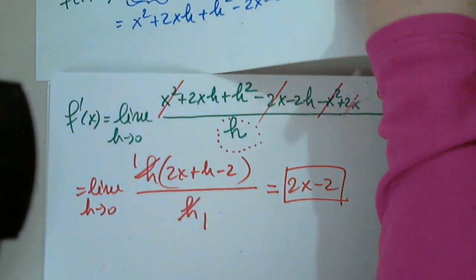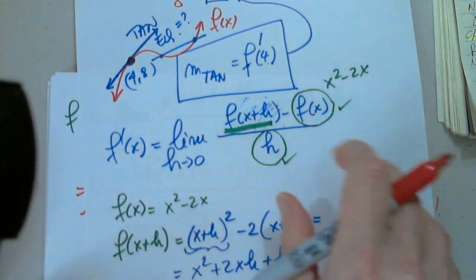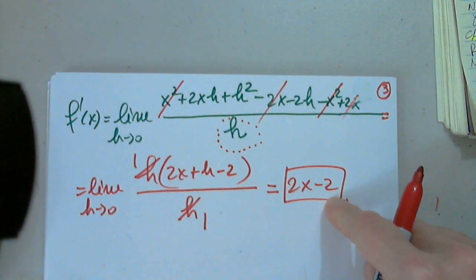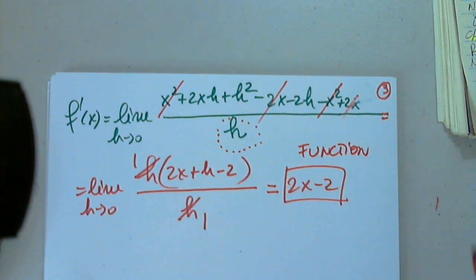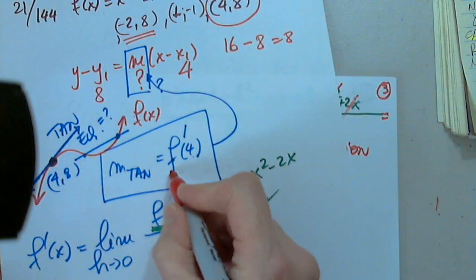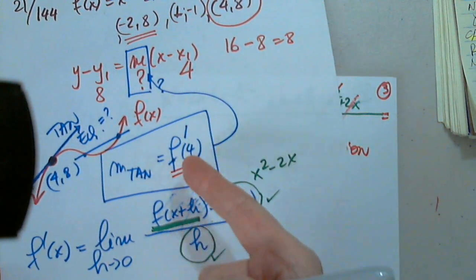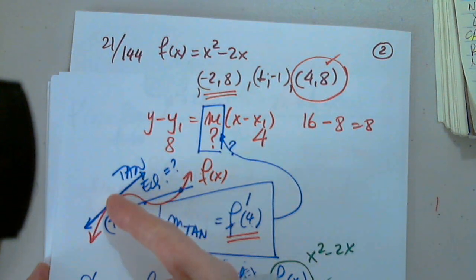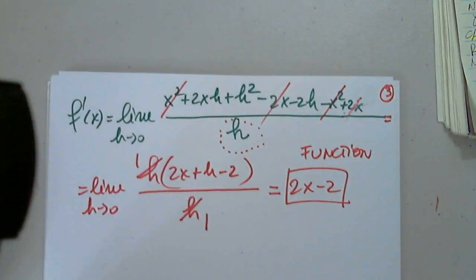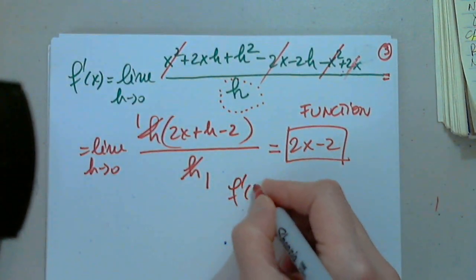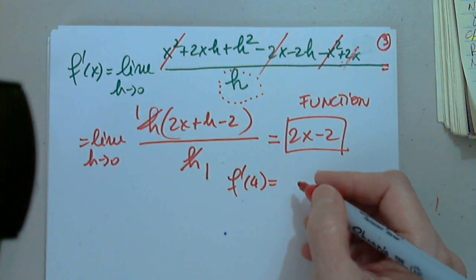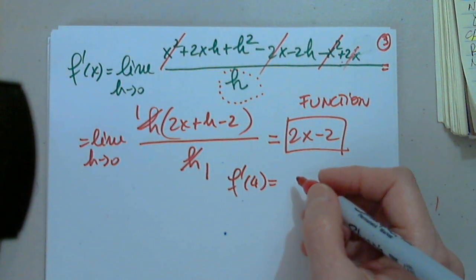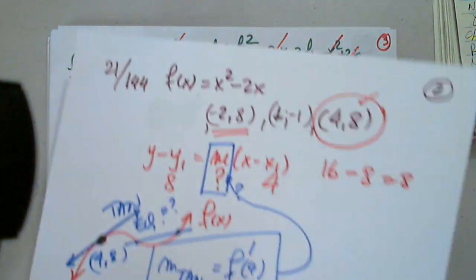So notice then that f prime of x is no longer a constant. This is, as expected, a function. So I determined f prime of x. Now I have to find f prime of 4. So I plug in 4. Can anyone else give us f prime of 4? 6. Yes, awesome.